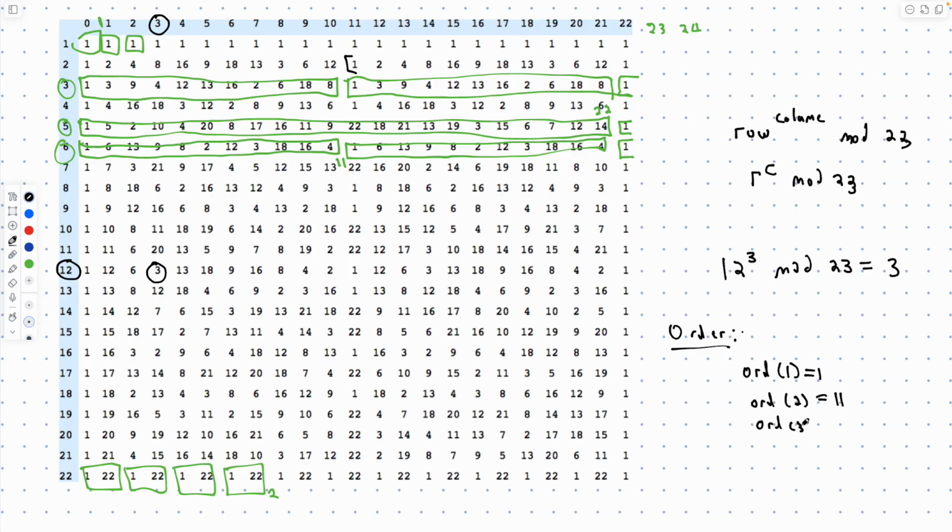Order of 3 is 11. Order of 4 is 11. Order of 5 is 22. Order of 22 is 2. So different numbers give us different orders.